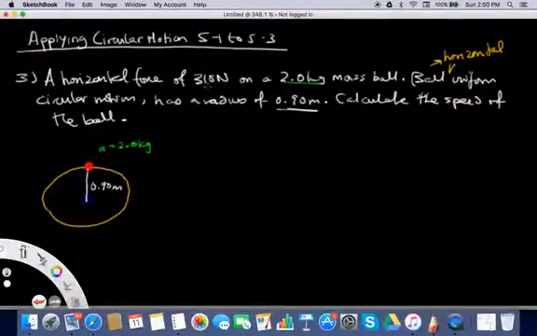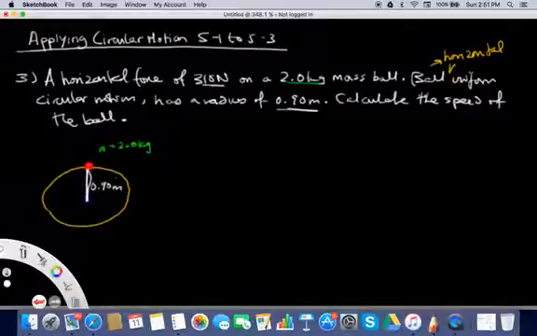Now, the third piece of information that they gave us is that there is a horizontal force of 310 newtons. Now, if you're not sure where the horizontal force is, please do look at our previous video on the basic characteristics of circular motion, and you'll understand that any type of force acting on this ball will be radially inward.